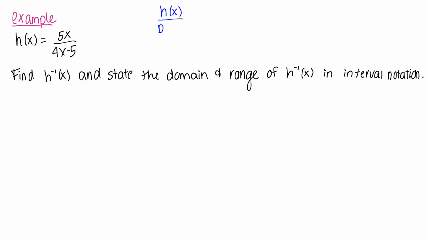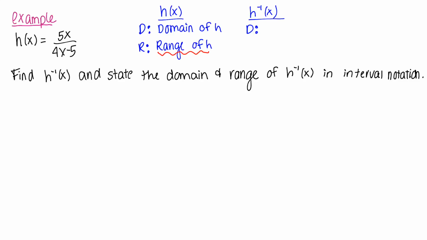So if you have h of x, this is the domain of h, range of h. So the domain of h is the domain of h. The range of h is the range of h. For h inverse of x, the domain is the range of h.